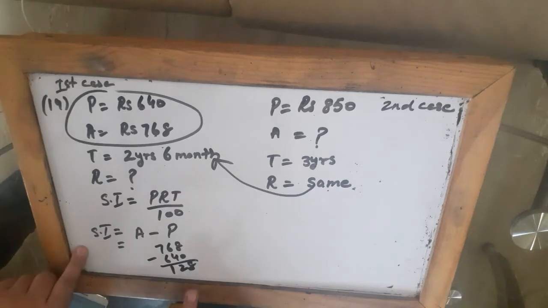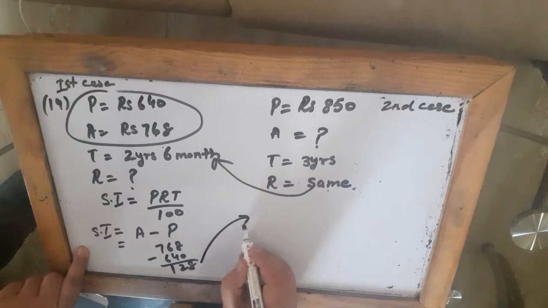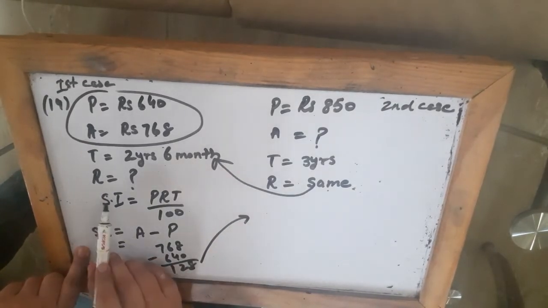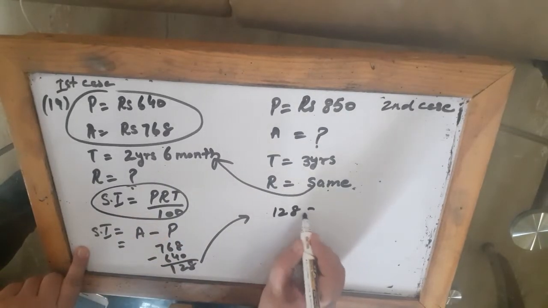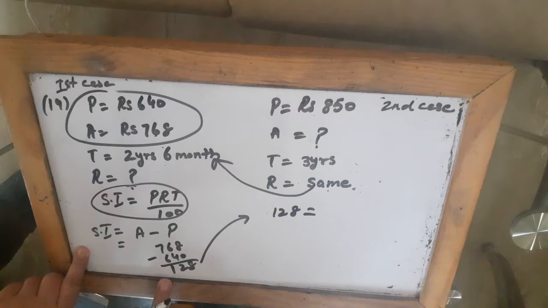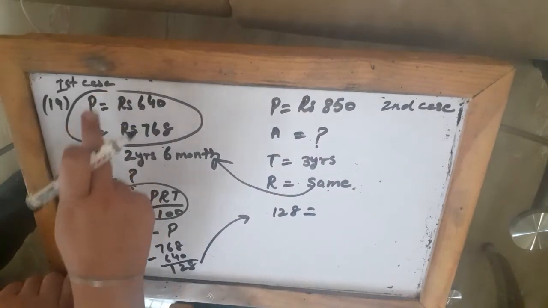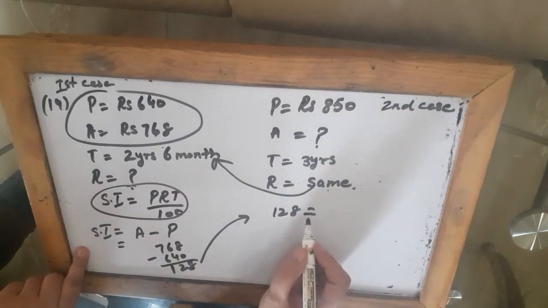So simple interest comes to 128. So in order to find the rate, I will apply this formula. Simple interest I know is 128. How did I get the simple interest? It was not given. By subtracting principal from amount, I get the simple interest. So 128 is the simple interest.